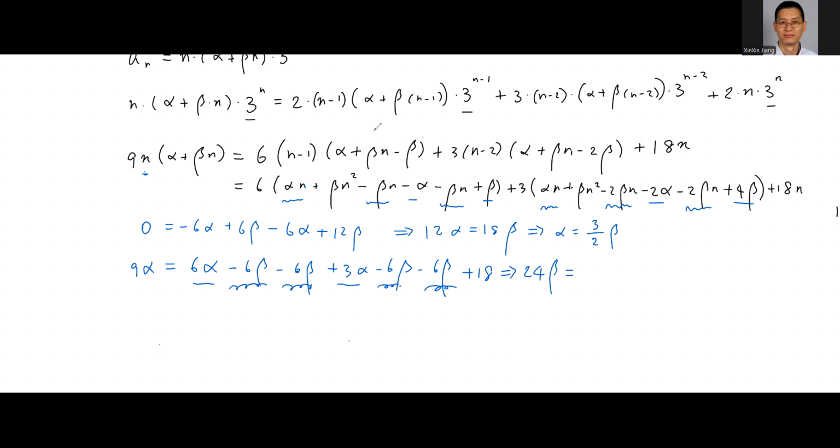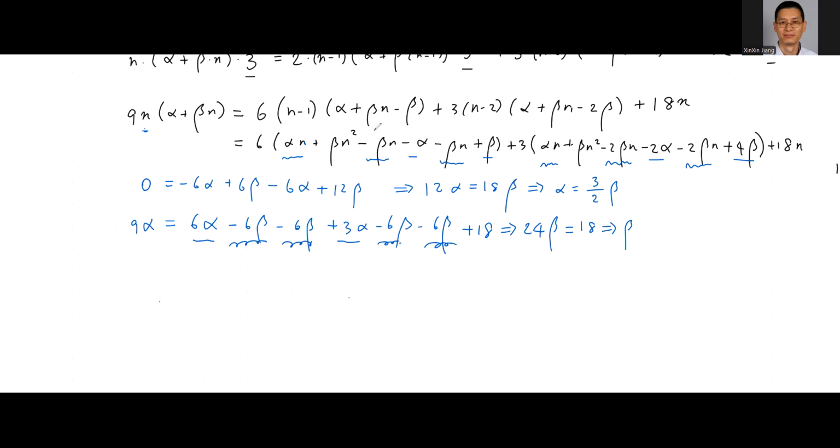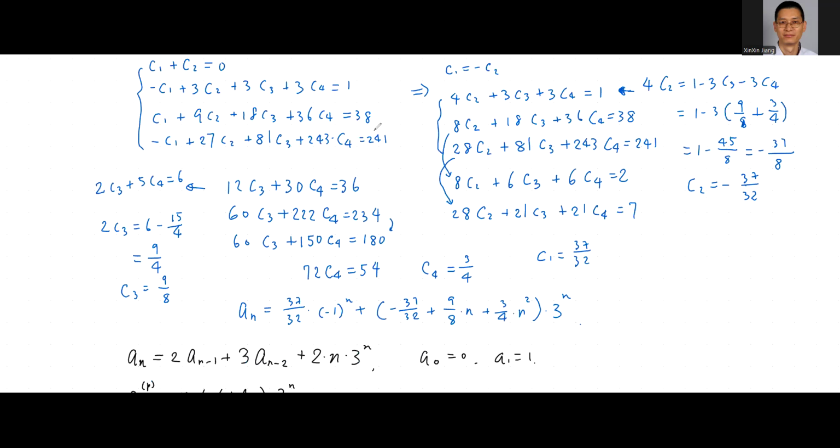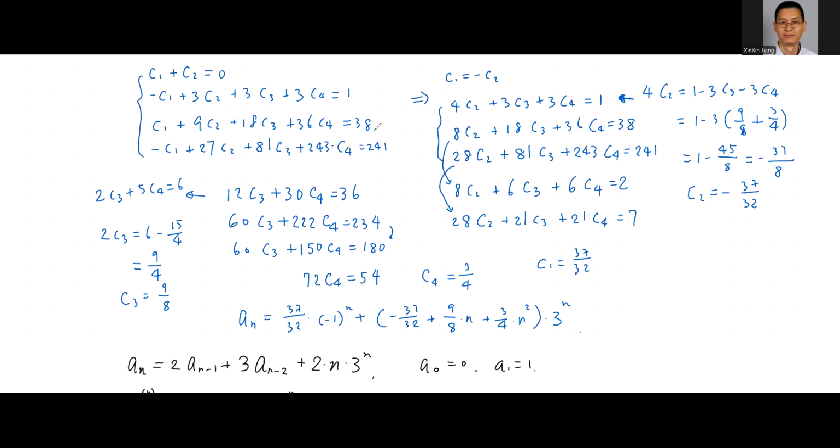So you get beta equals 18 over 24, 3/4. And then you would get alpha equals 9/8. Okay. Let's look at what we had earlier, and you see actually they're the same. Where is this? 9, you see here? 9, this one, okay? They're the same, so it's good news.